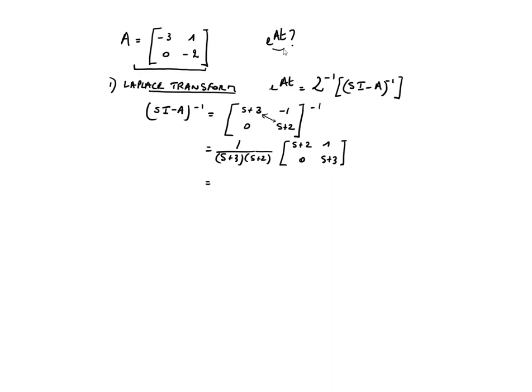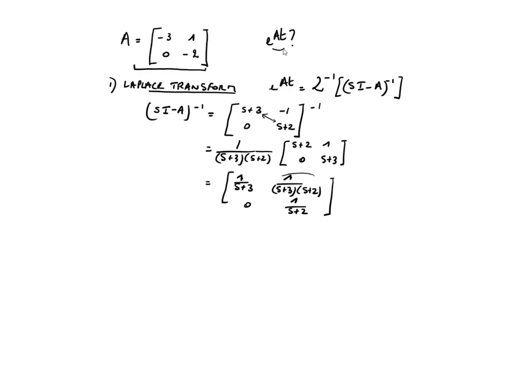So what we have here is 1 over s plus 3, here we have 1 over (s plus 3)(s plus 2), and here we have 1 over s plus 2. Right, so now the exponential.